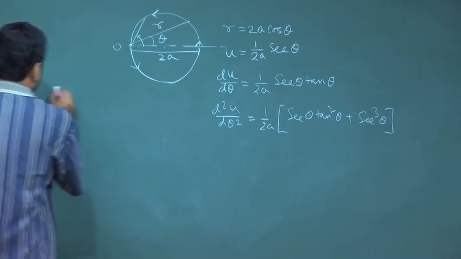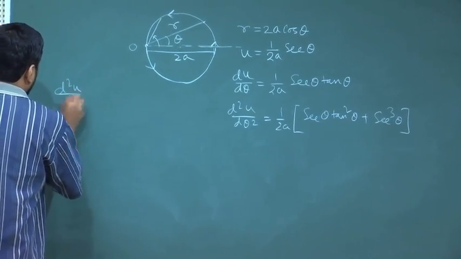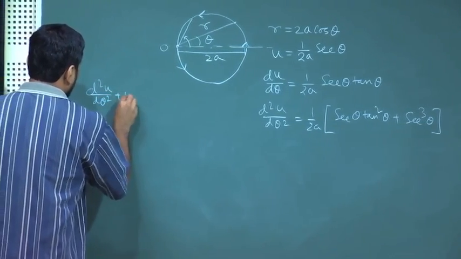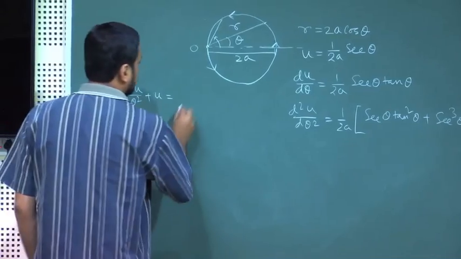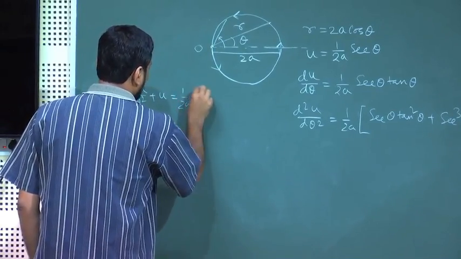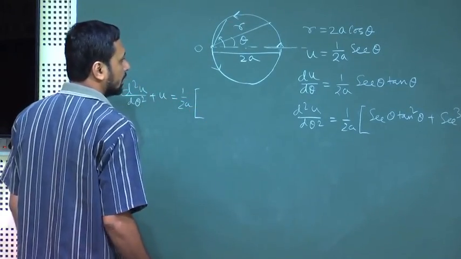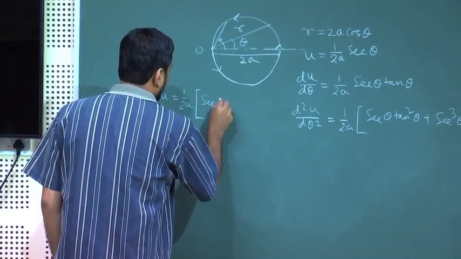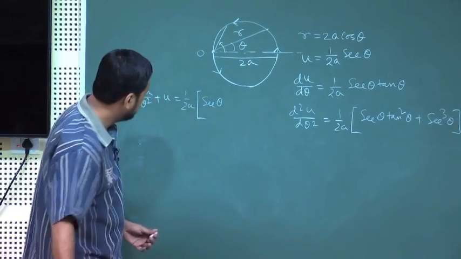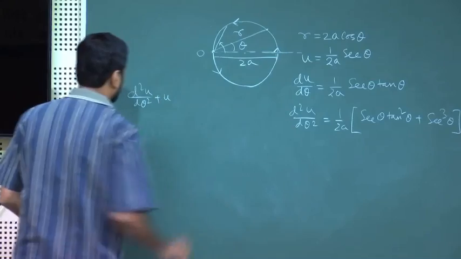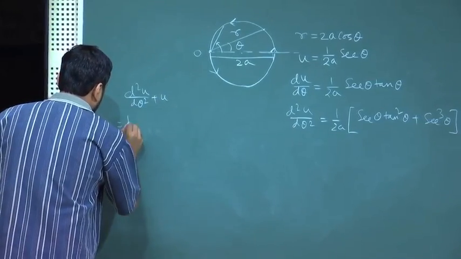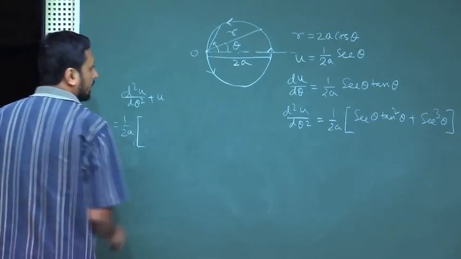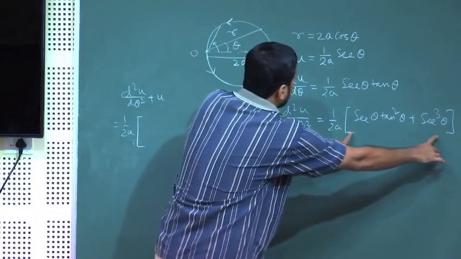So, d2u d theta 2 plus u is equal to 1 by 2a sec theta, just write it in the next line. So, this term plus this term.